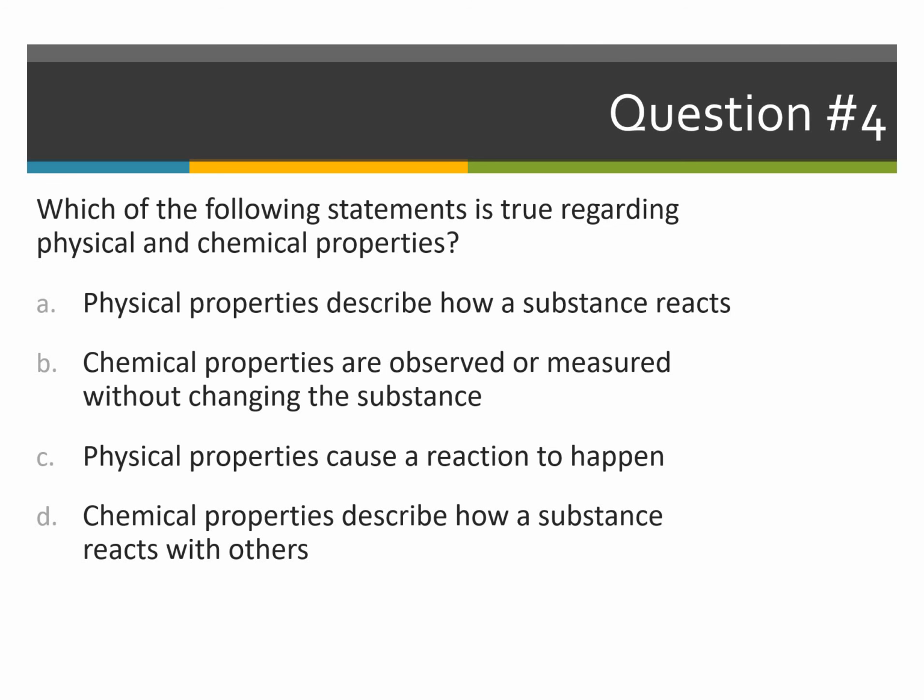B, chemical properties are observed or measured without changing the substance. Remember, in order to witness a chemical property, we have to do a chemical reaction. Anytime we do a chemical reaction, we change the substance. The substance becomes something new. So that means letter B is also false.